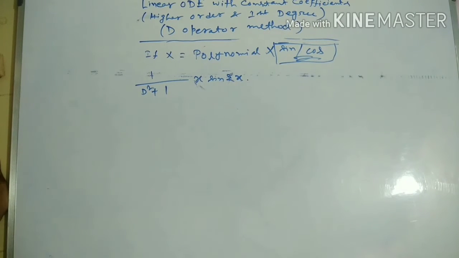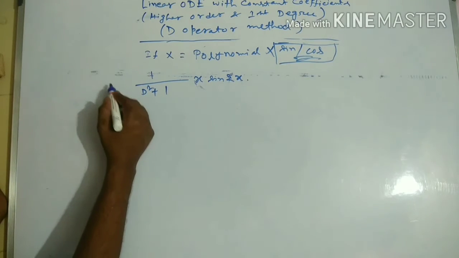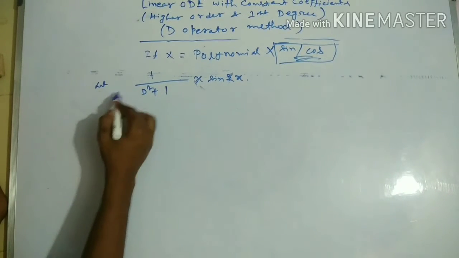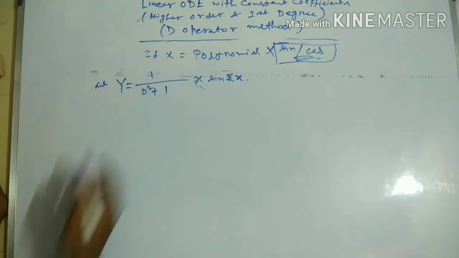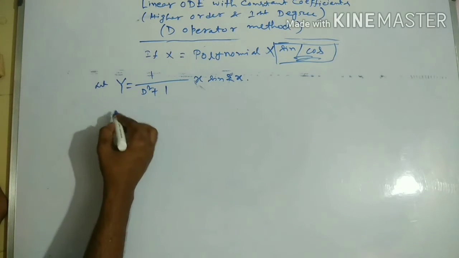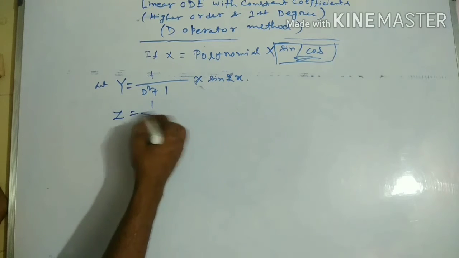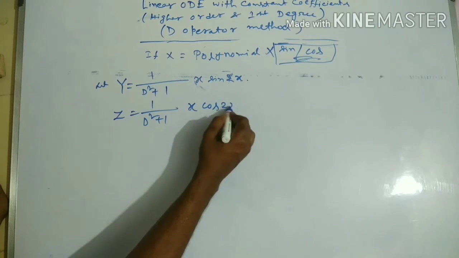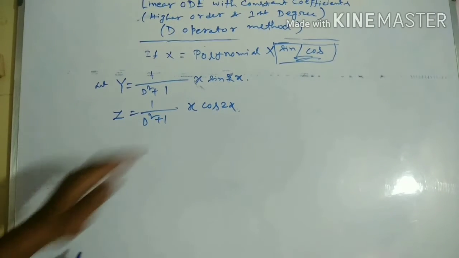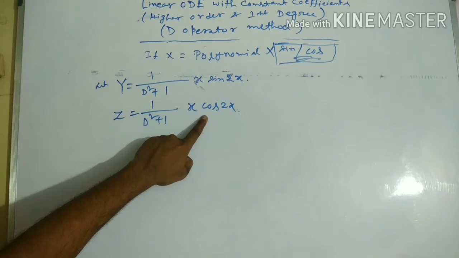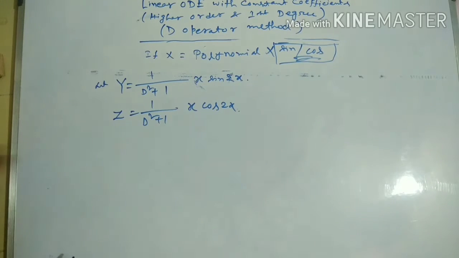Now to solve this, we are assuming that y equal to this, and z equal to 1 by D square plus 1 operating on x cos 2x. If this would be cos, then we assume z as x sine 2x.